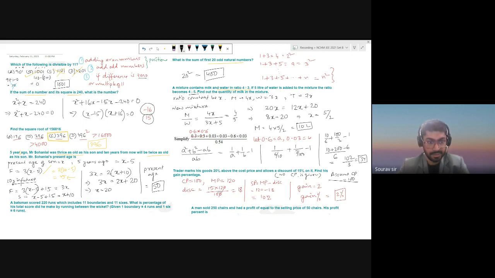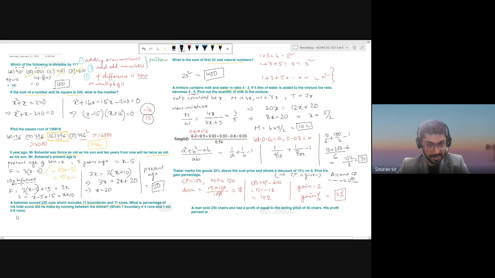Done? All right. Then next, some cricket. A batsman scored 220 runs. In which he had 11 boundaries and 11 sixes. Very symmetrical. All right. So what is the percentage of his total score that he made by running between the wickets? So not boundaries and not sixes means he ran between the wickets, right? So what percentage did he score in boundaries and sixes? Let us check first.